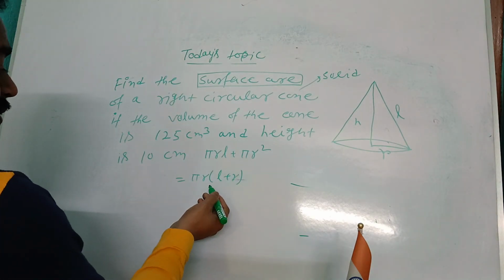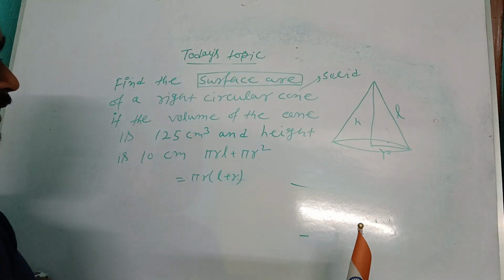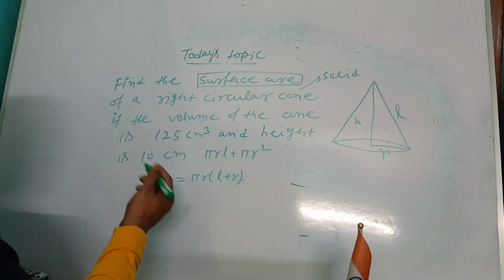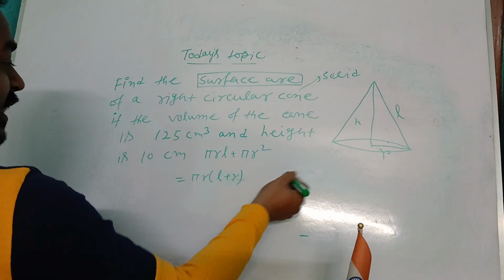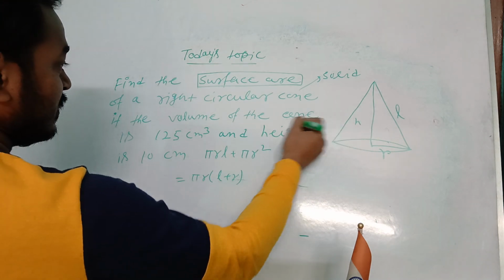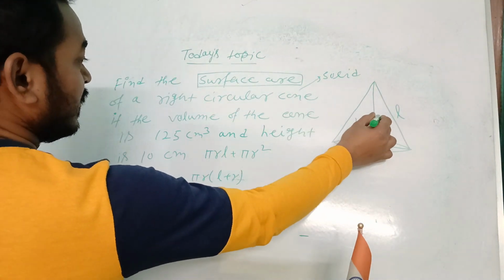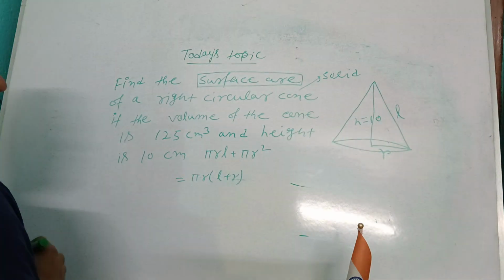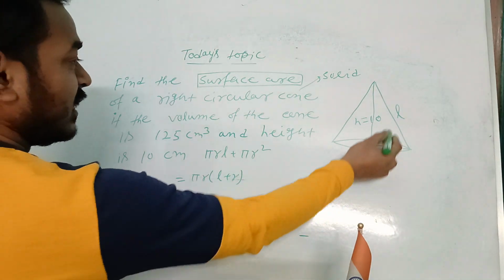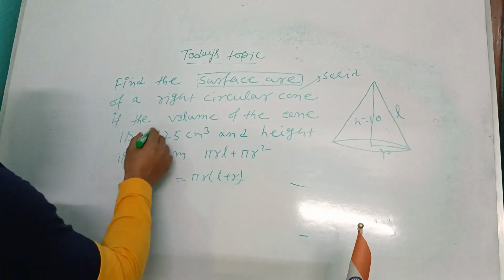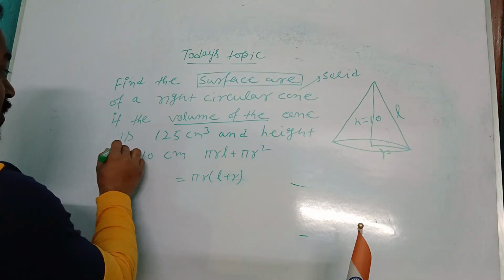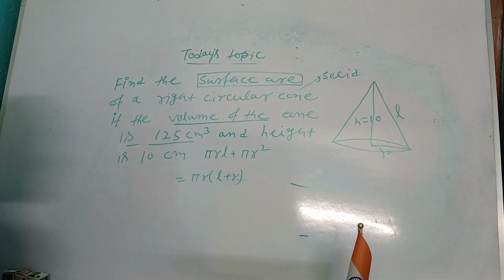From here we don't know the value of r and l. So what do we have to do? See, here h is given, it is 10. But you have to find r and l. Here the volume of the cone is given, 125 cubic centimeter.